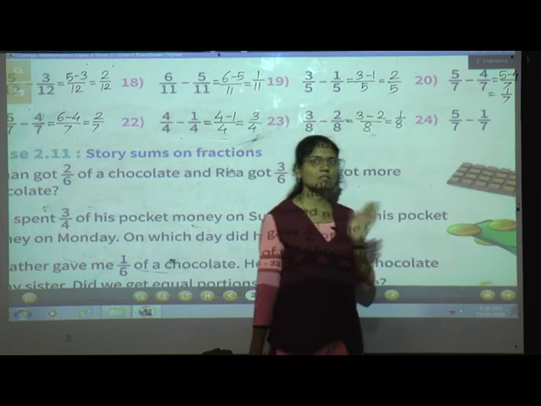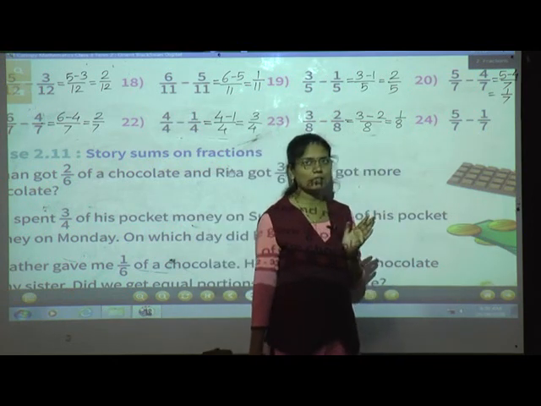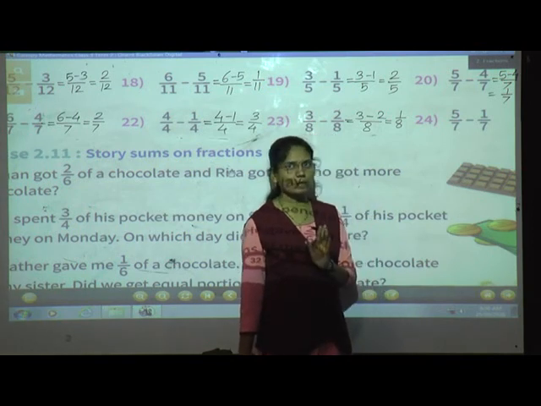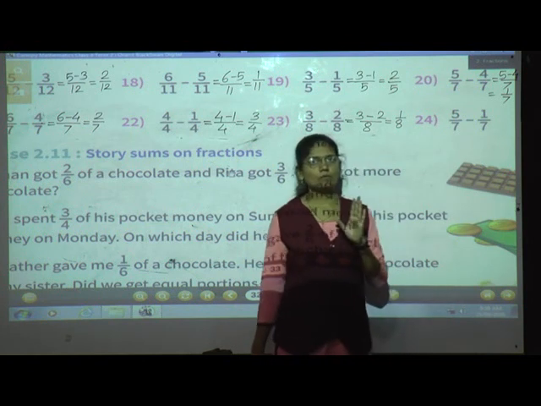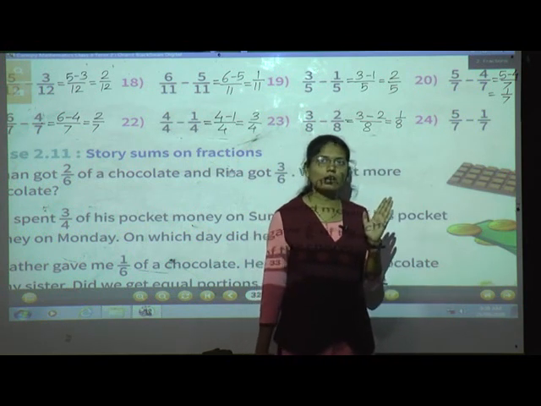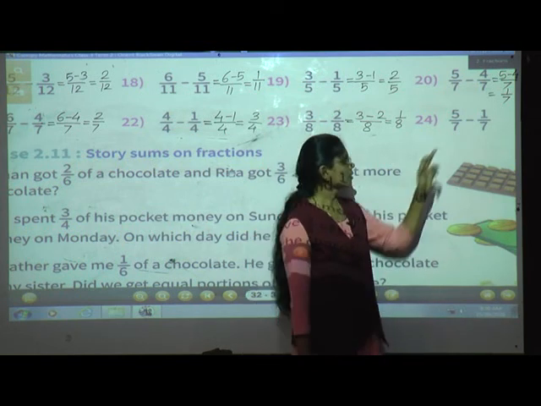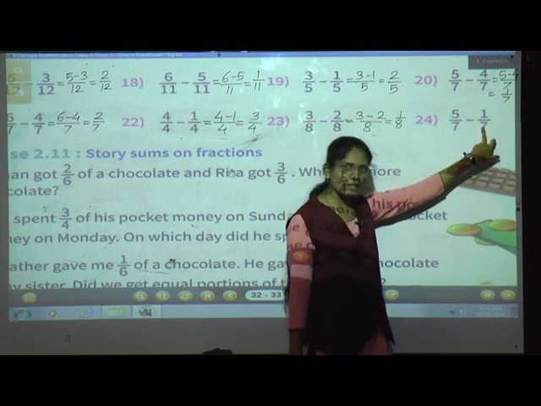Okay, the part which is taken away, that is called as numerator. And what is the denominator? Denominator means what? Yes, total parts of the fraction. Or the fraction is divided into how many parts, that number of parts is called as denominator. Here this whole is divided into 7 equal parts.